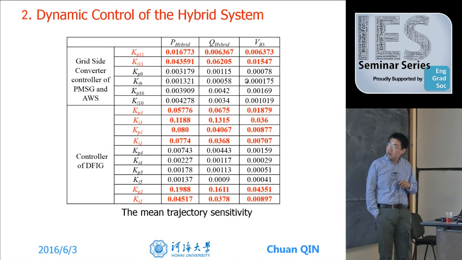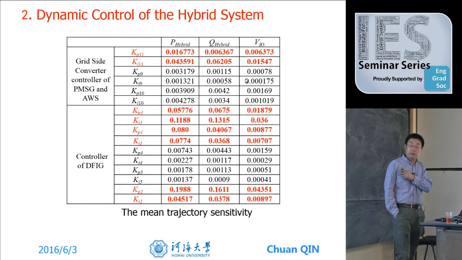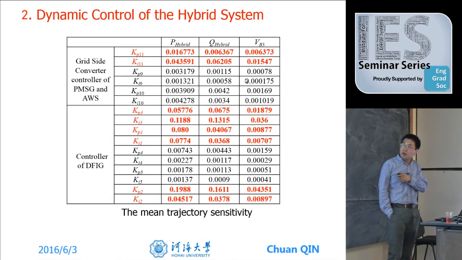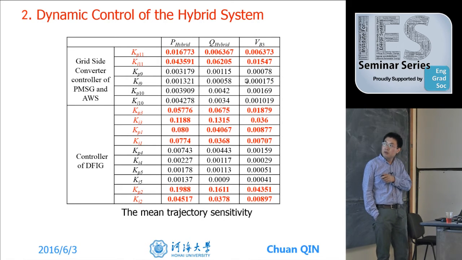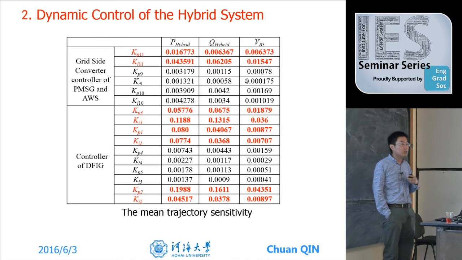And in here, it should be noticed that they only have 16 parameters, but the total control system has 22 parameters. So why do they only have 16?